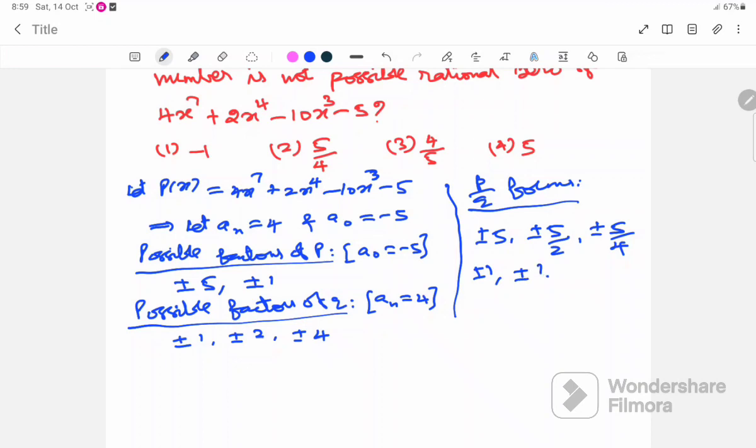Plus or minus 1 by 2. Plus or minus 1 by 4. Now, minus 1 is there in the first option. In the second option, 5 by 4 is there. In the fourth option, 5 is there. In the third option, 4 by 5 is not there. So the not possible rational zero is 4 by 5 only. The answer is option 3, 4 by 5.